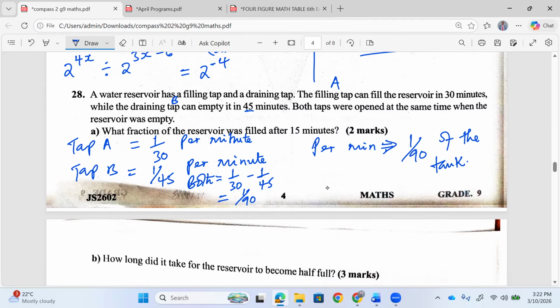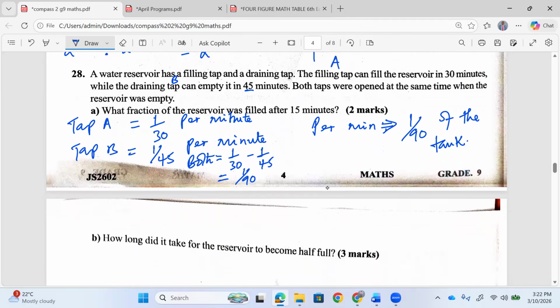That is in 1 minute, meaning that after 15 minutes, they shall fill 15 minutes times 1 over 90, because in every minute they are filling 1 over 90. So for 15 minutes consecutively, they shall fill 1 over 6.